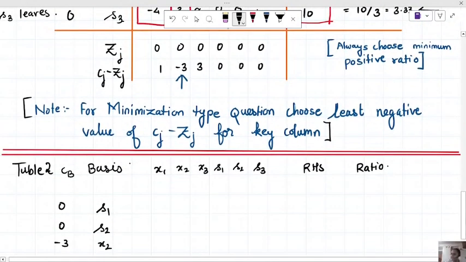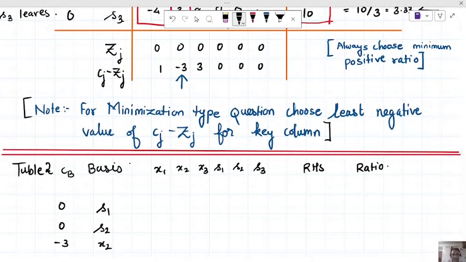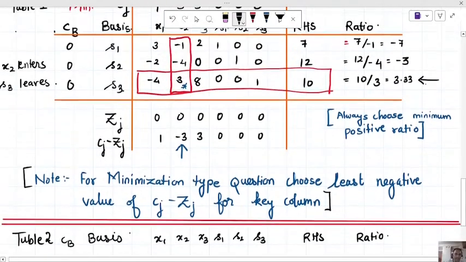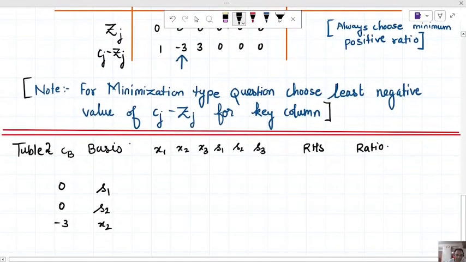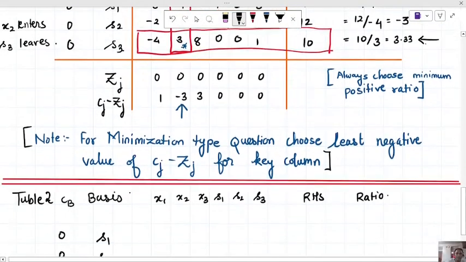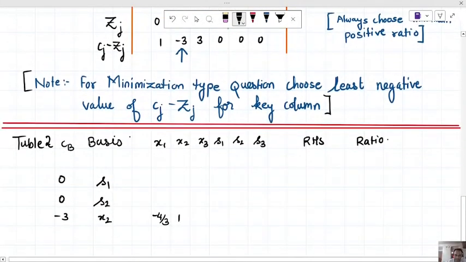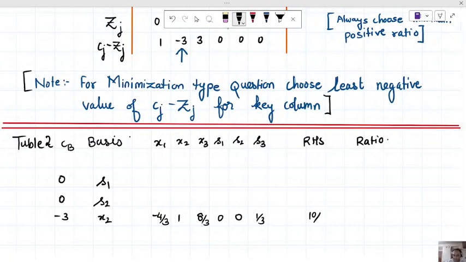Now what you need to do is divide the entire row by the key element. The moment you divide the entire row by the key element, you will get minus 4 by 3, 1, then 8 by 3, 0, 0, 1 by 3, and here you will get 10 by 3.